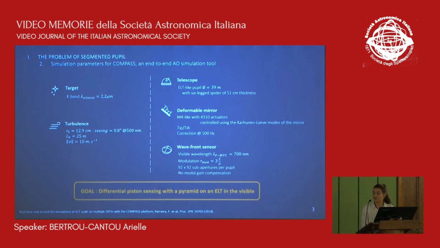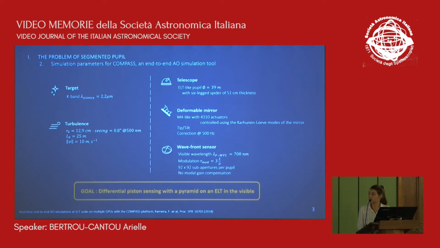All this talk is based on simulations which were made with the COMPASS end-to-end adaptive optics tool, which is developed at LESIA. So basically, we are in realistic conditions, meaning that we are using the ELT primary mirror and deformable mirror as provided by ESO. We have a scientific channel at K-band, so all the Strehl ratios I will mention are at this band.